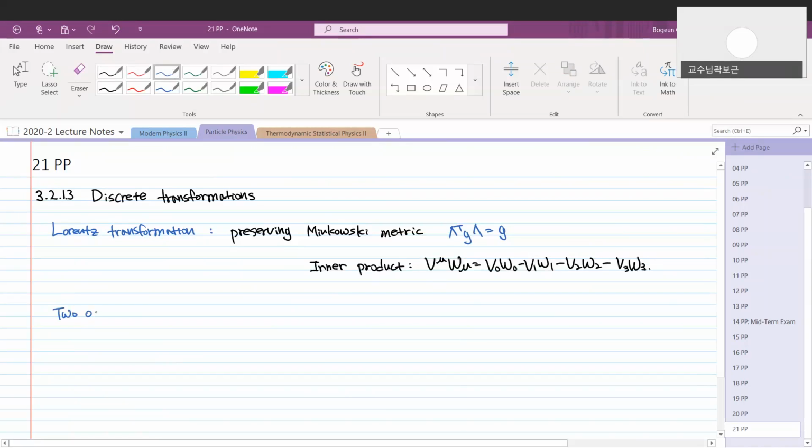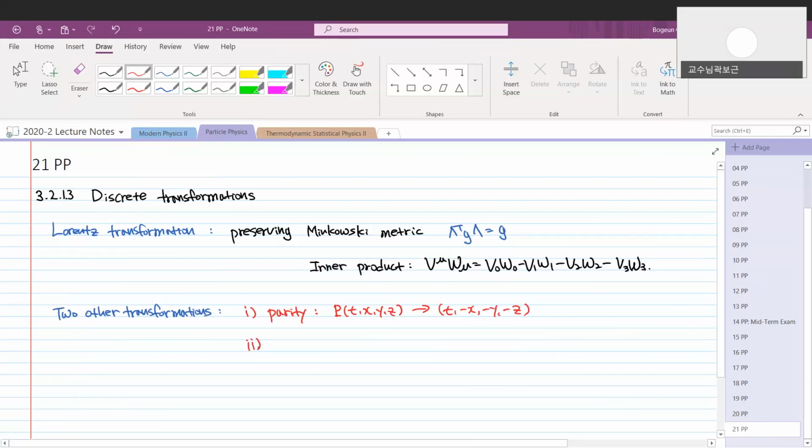Two other transformations satisfy these two conditions. One is parity, where t, x, y, z changes into t, minus x, minus y, minus z.